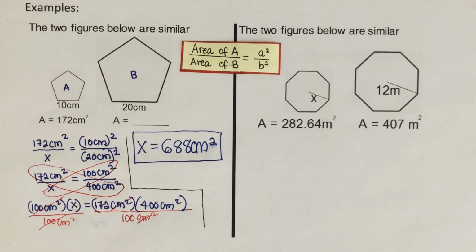From here we're left with X squared on the left side is equal to, now if we multiply these two, 282.64 times 144, and whatever the answer to it, we divide it by 407, we can round the answer off to be 100. The unit here is meters squared.